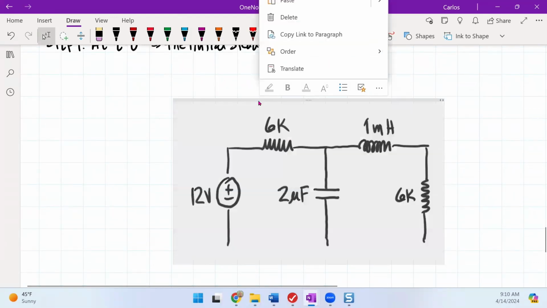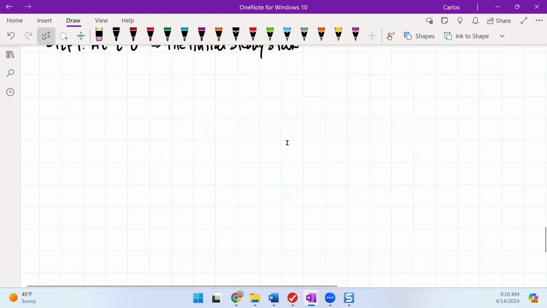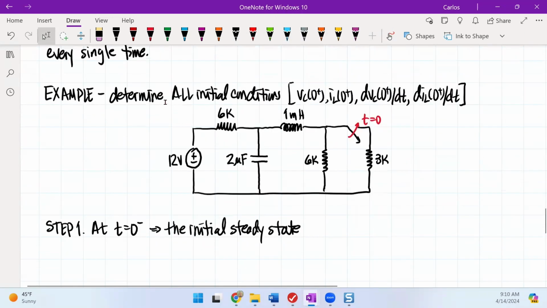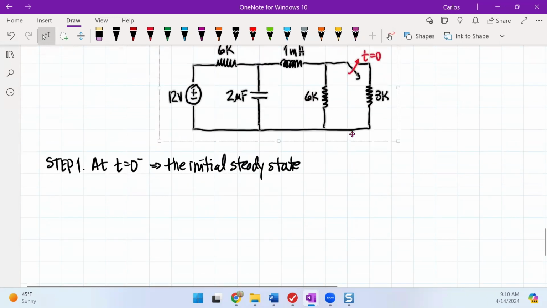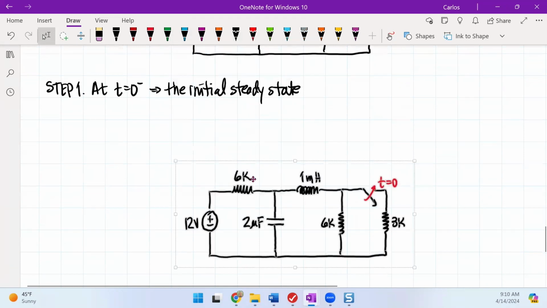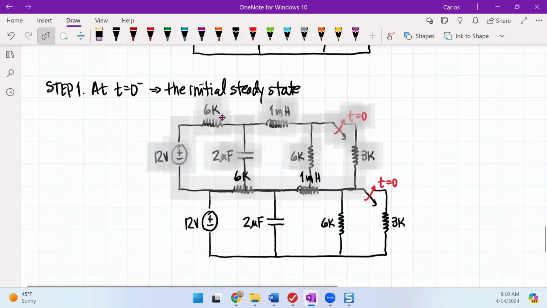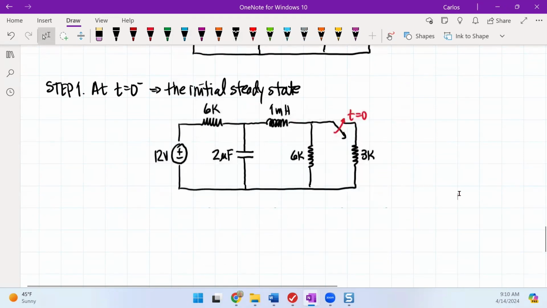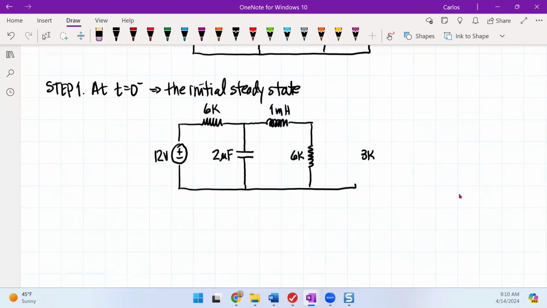Let me try that again. And then I'll just modify it. There we go. So when I'm looking at this thing, this switch is open, so this is gone. So this is my circuit right here. The capacitor now is an open. The inductor is a short.